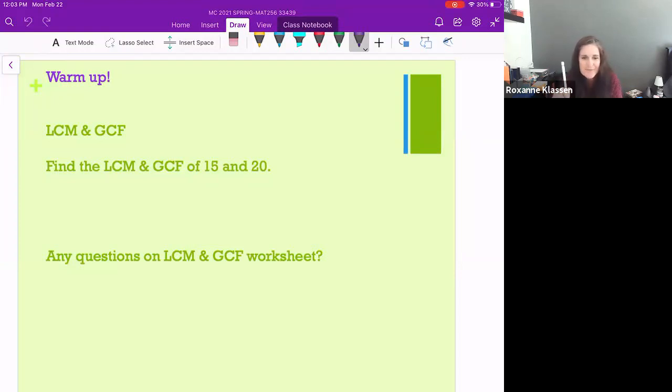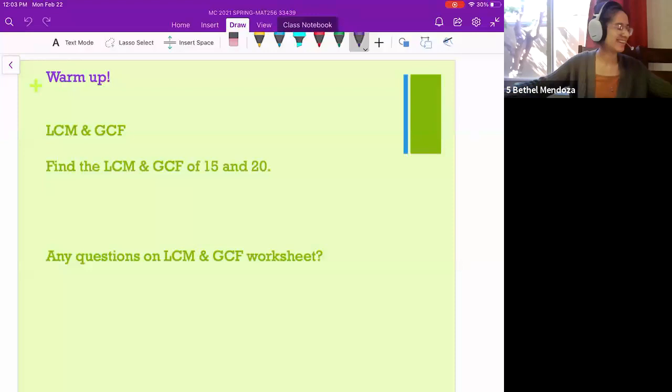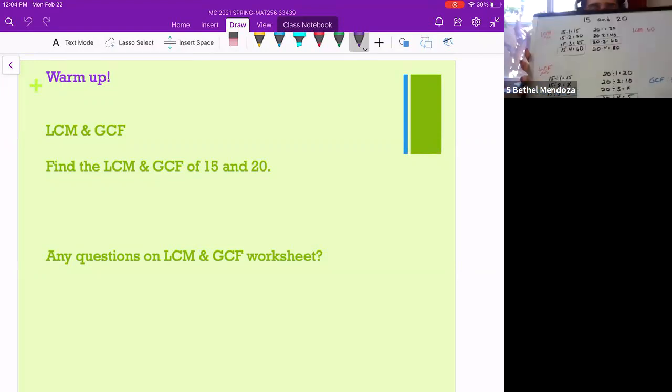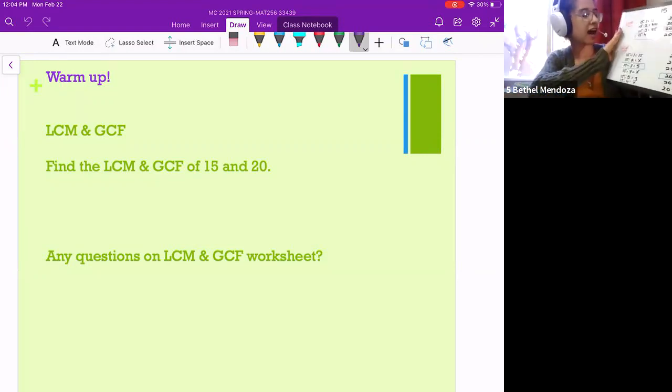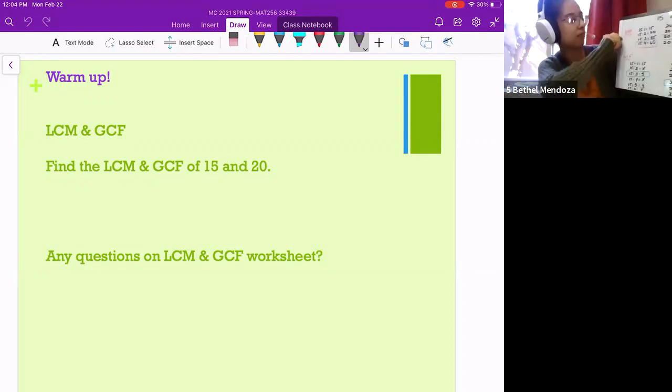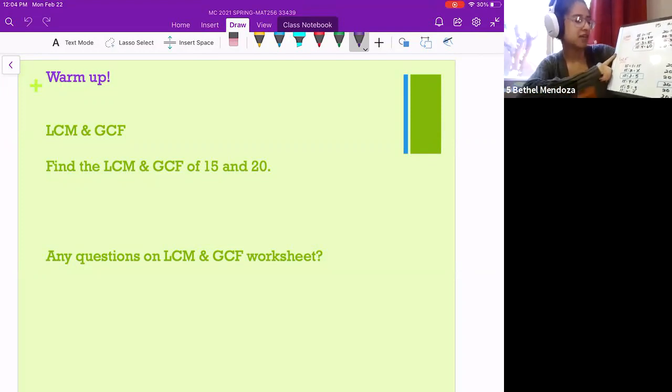It's just info. Okay, so who wants to explain either the GCF or the LCM or both of 15 and 20? I could explain the LCM. So I did 2 rows. I started with 15 and just went up the number. 15 times 1 equals 15, 15 times 2 is 30, 15 times 3 is 45, 15 times 4 is 60.